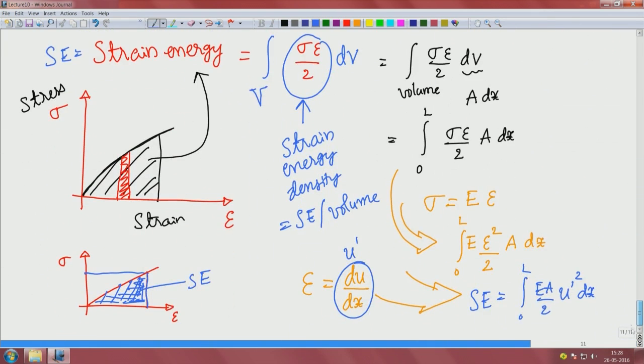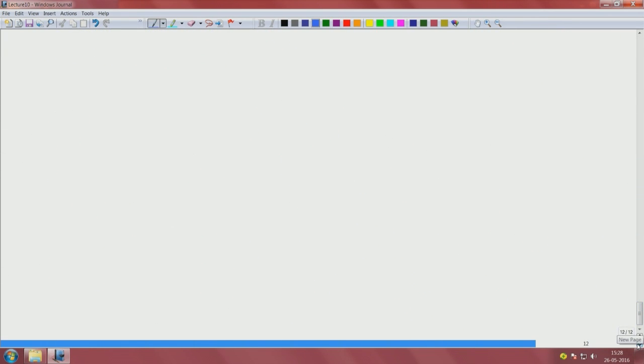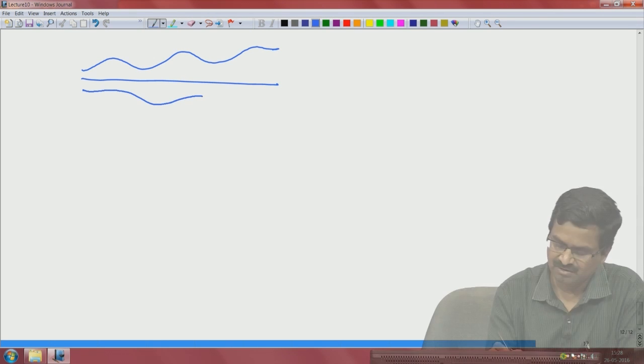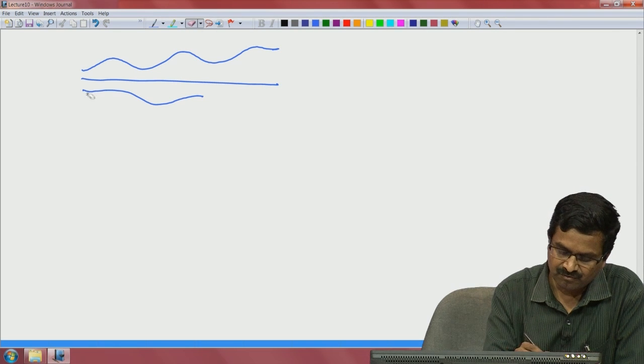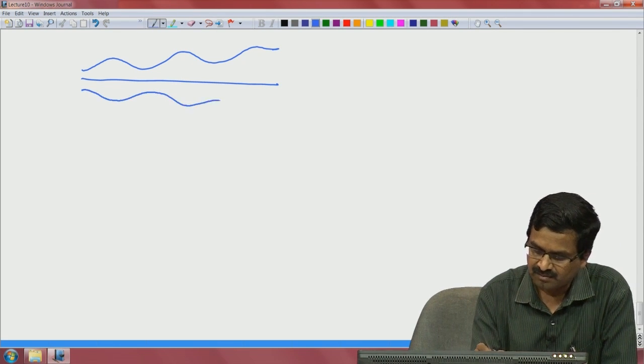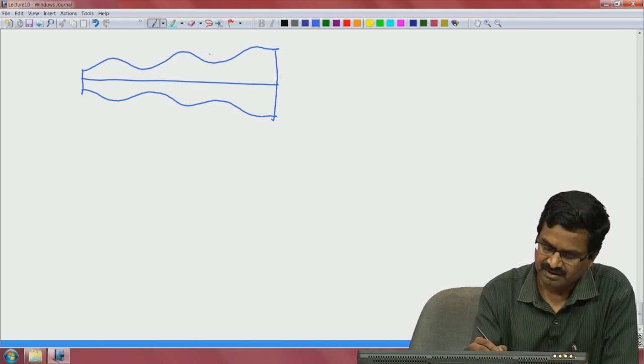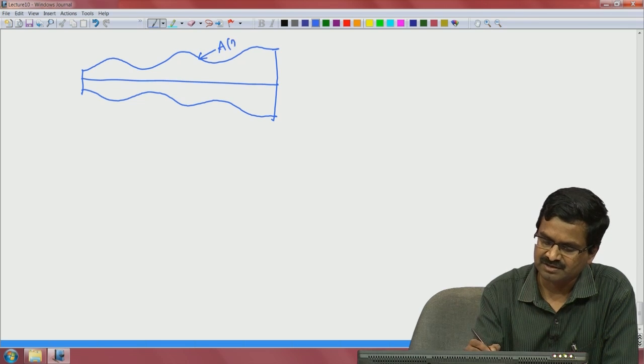Okay. So, for that let us take a bar, let this be the axis of the bar where area of cross section is varying in some fashion, which we have to find by solving a problem. Let us say this is the bar where this is our area of cross section.